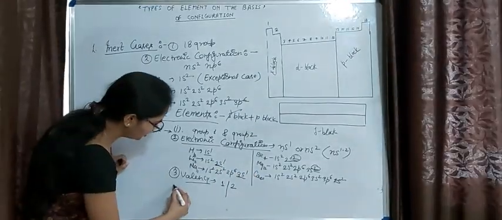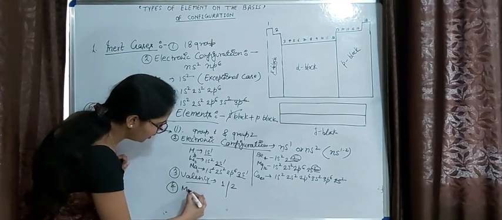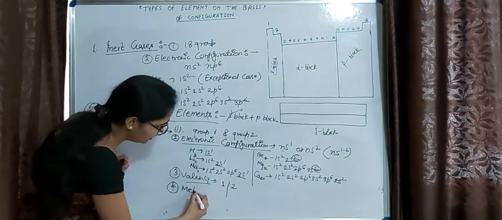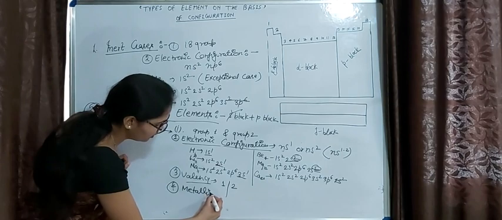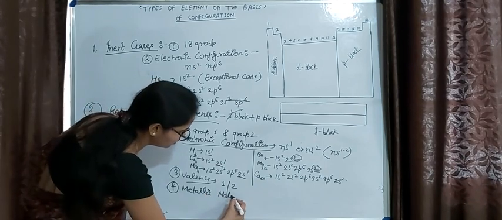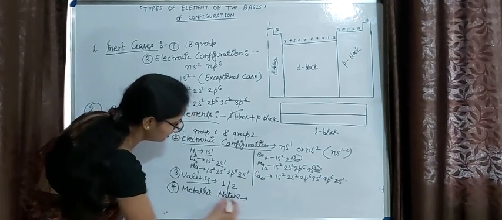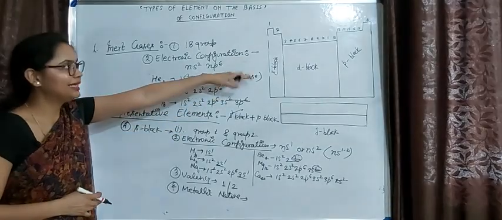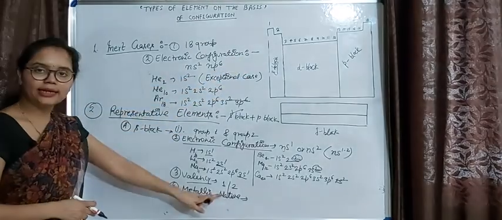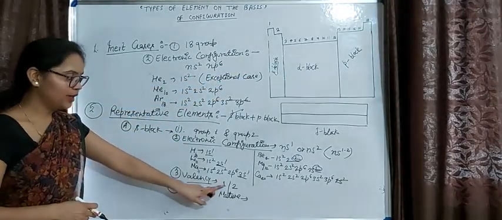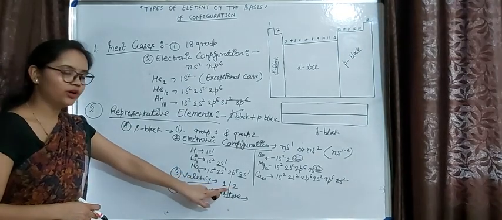Now we'll talk about the nature. All the elements of these two groups are metallic in nature, as they can donate electrons because their valency is 1 or 2.